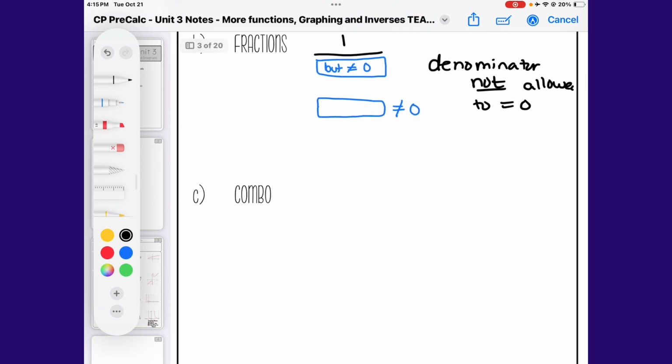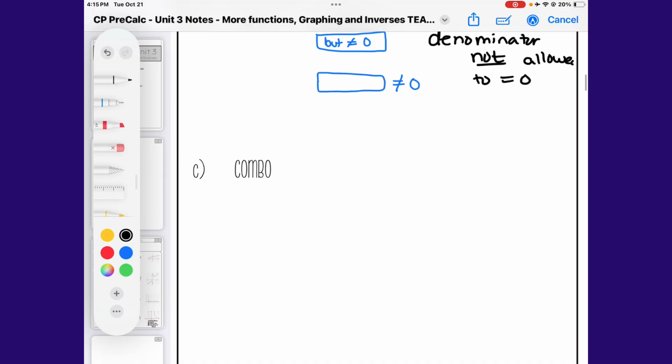We can also have a situation where we have a combination of radicals and fractions together. So you might have something in the numerator and then a radical in the denominator. Because we are underneath of a radical, we know that this number has to be positive and that it could equal 0.